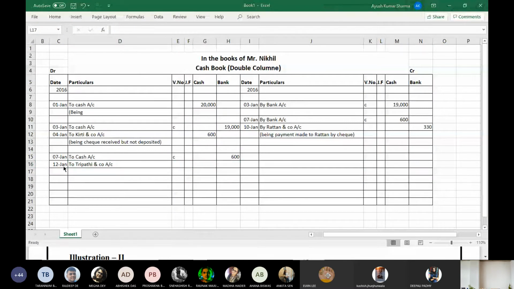In the bank column, directly write the amount 475. Being check deposited by Tripathi and Co directly.